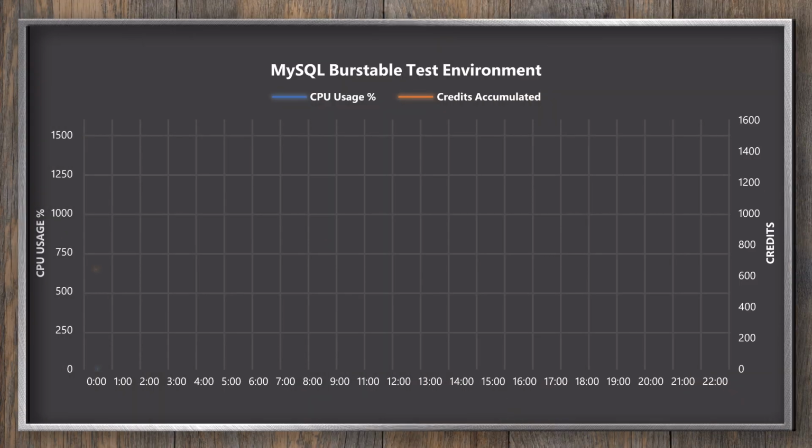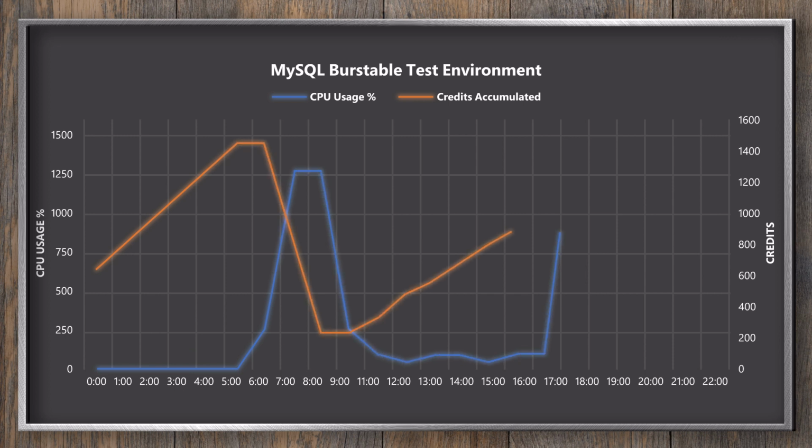Burstable compute tier gives you a baseline performance that can build up credits when it's using less than its baseline. When the environment has accumulated credits, the performance of your MySQL Flexible Server can burst above the baseline using up to 100% of the virtual CPU when your application and database requires higher CPU performance.